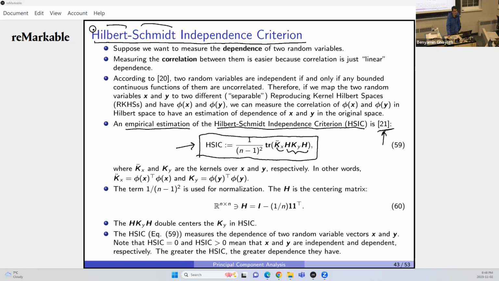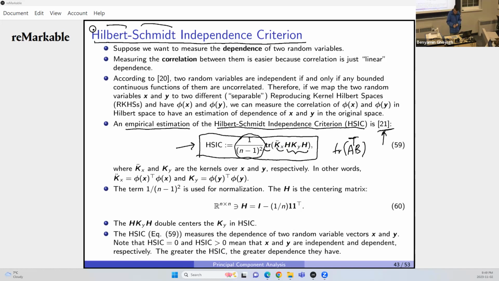The trace of A transpose B, for matrices, is the inner product for matrices, recall the preliminaries. So it says: double center one of the kernels, consider the other kernel, calculate their inner product, and use a scale of 1 over (n minus 1) to the power of 2, where n is the number of points. This is HSIC, and it shows the dependence between X and Y.